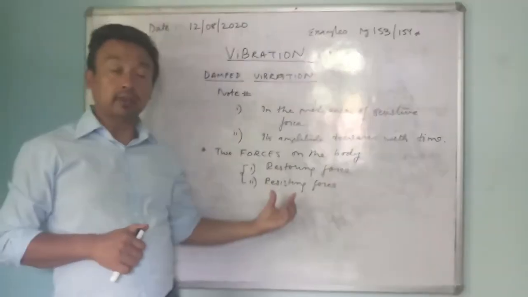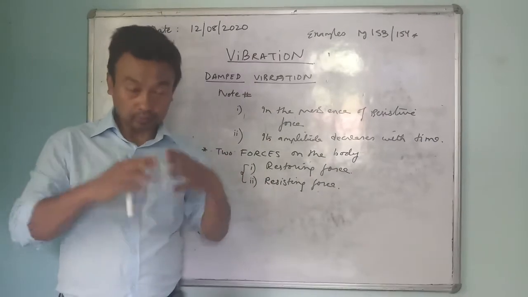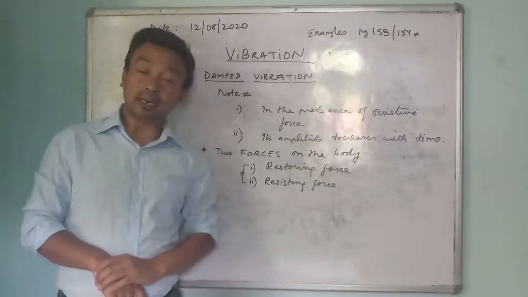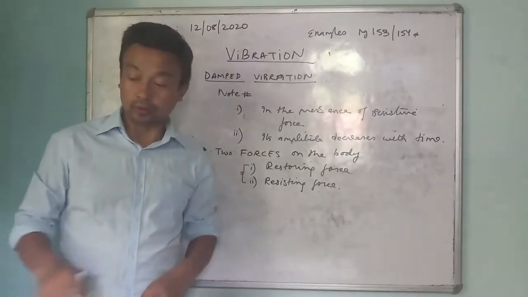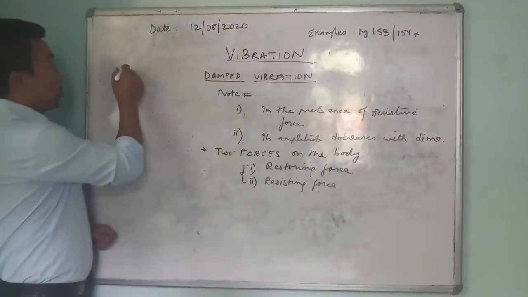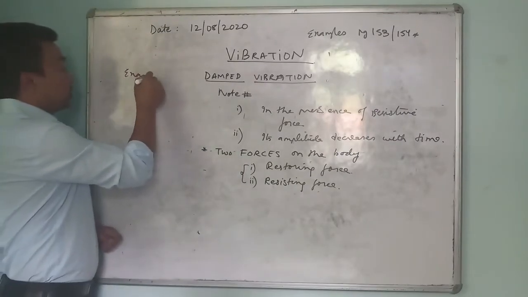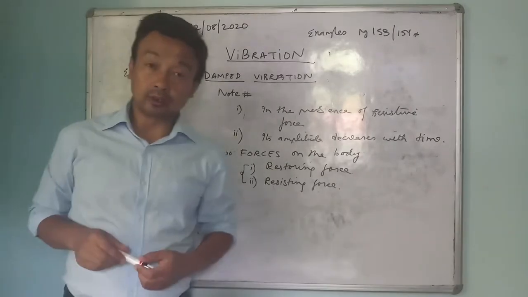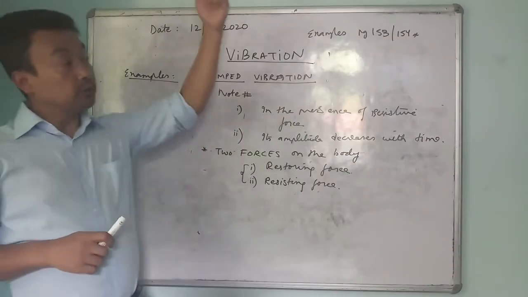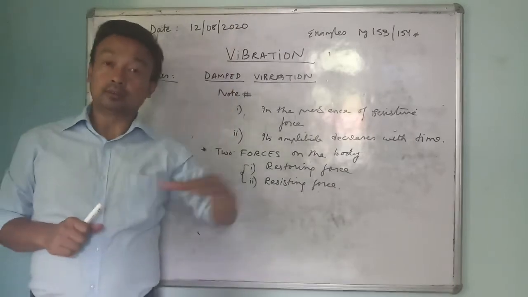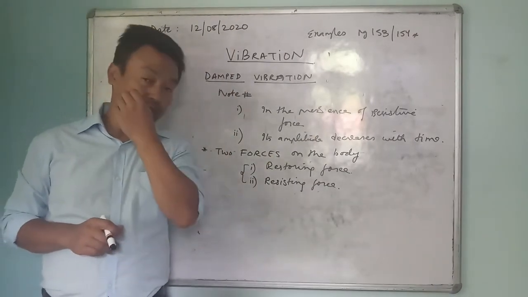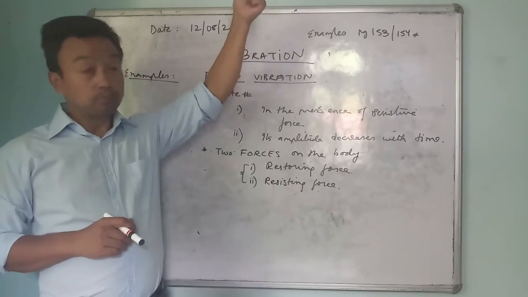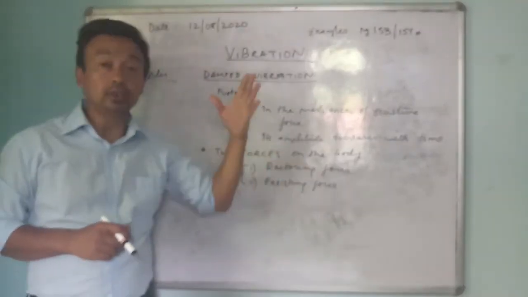And this damped vibration you can produce in practical day-to-day life also. Examples, there are very simple examples. Now most of you must have plucked or tried to pull the branches of a tree while playing or while going home. When you pull the branch of the tree and release it, what happens?